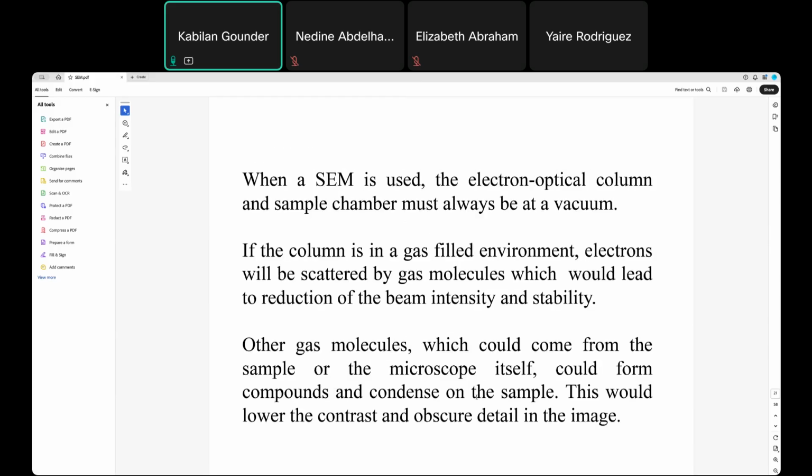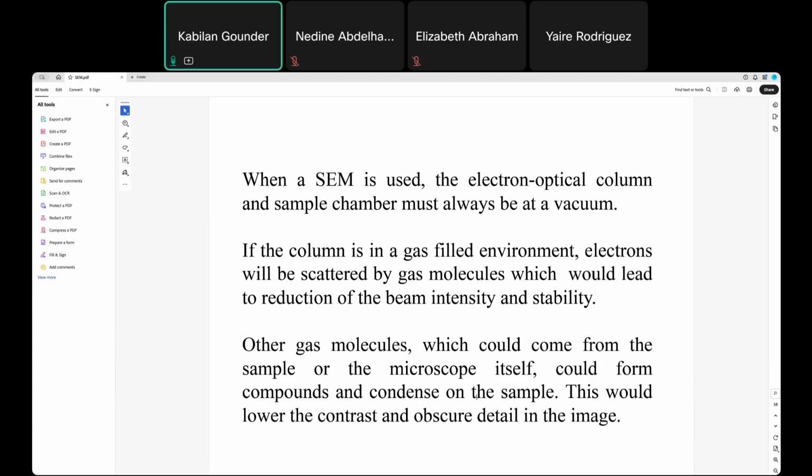When a scanning electron microscope is used, the electron optical column and sample chamber must always be at a vacuum. The vacuum is very important in the electron microscope, because if the column is in a gas-filled environment, electrons will be scattered by gas molecules, which would lead to reduction of the beam intensity and stability.